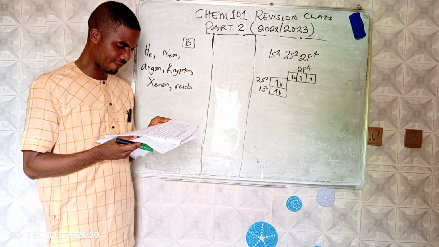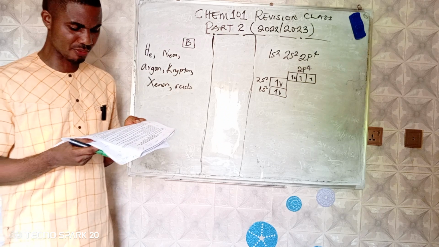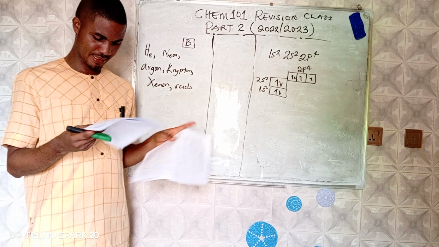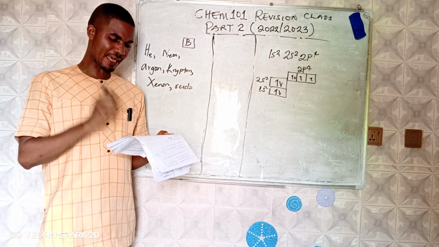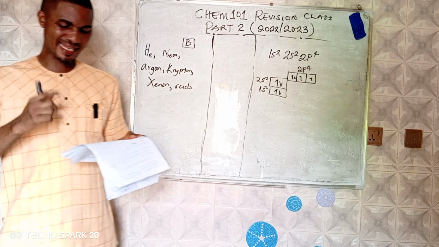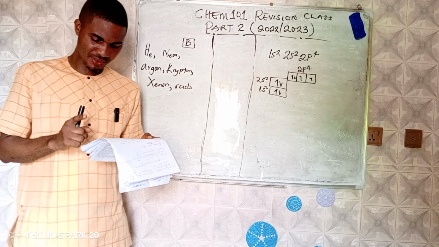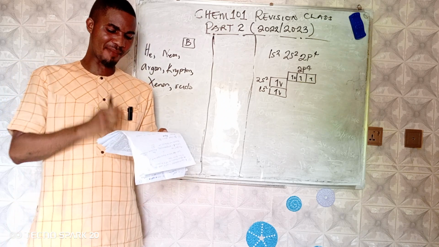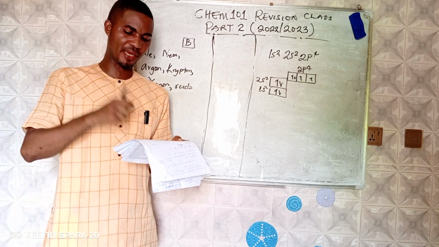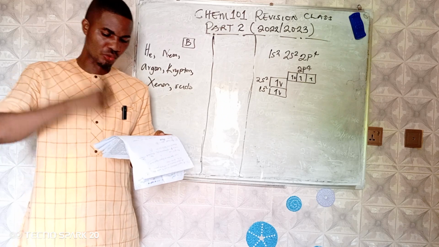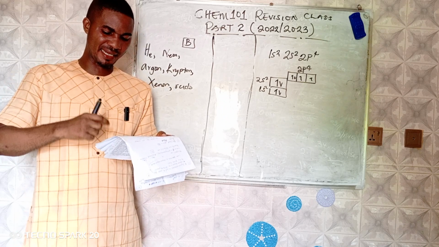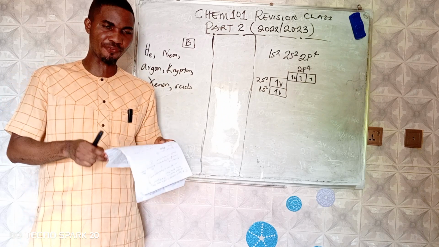Number 16 says the first ionization energy is always smaller than the what? Now listen. The second ionization energy is always higher than the first ionization energy, because after removing one electron from the outermost shell of a neutral atom, the nucleus attracts the remaining electrons with great force.